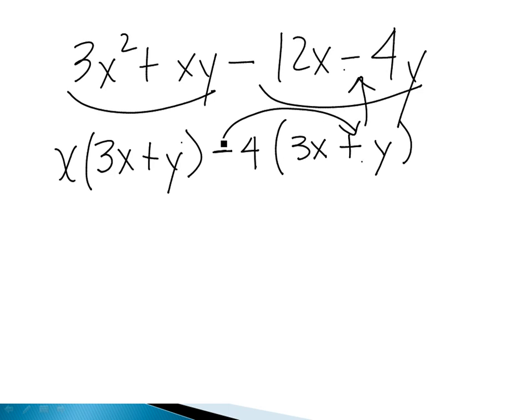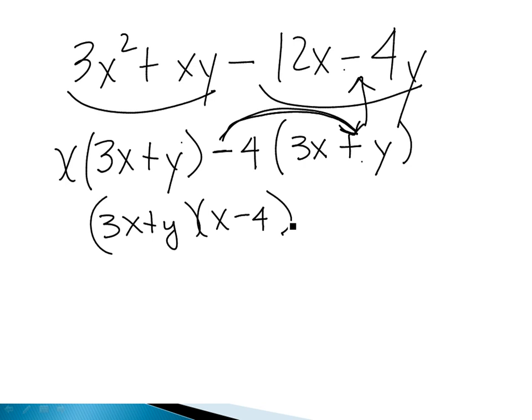Because when you multiply that negative times everything in here, you have to get back negative 12x minus 4y. So again, you have 3x plus y, that's the common binomial factor, times x minus 4. Basically, multiplication is commutative, so this answer is the same as x minus 4 times 3x plus y.